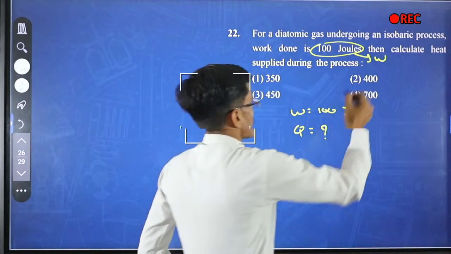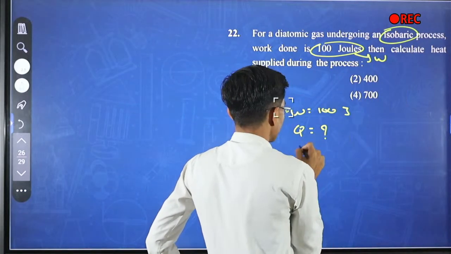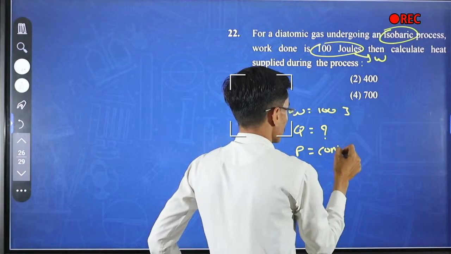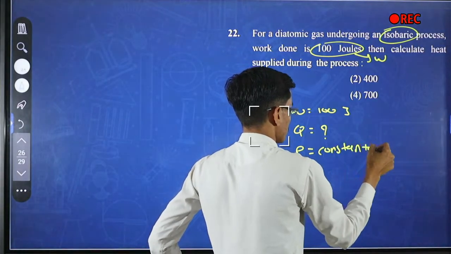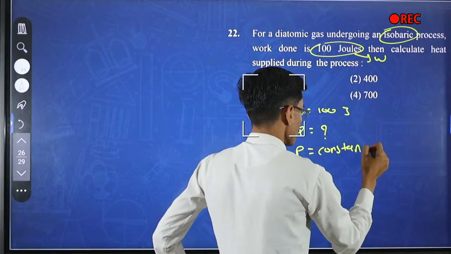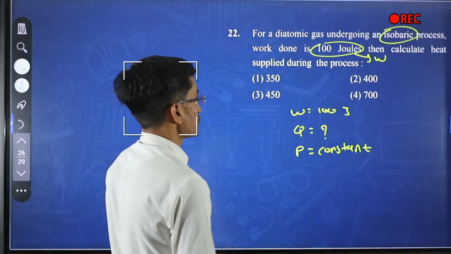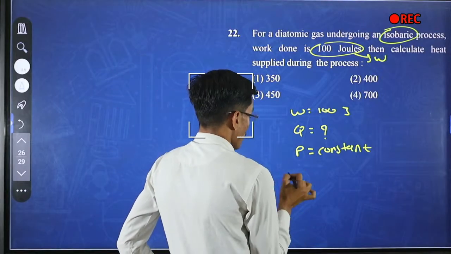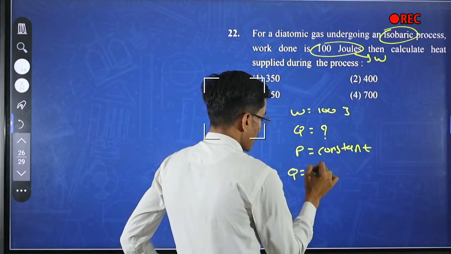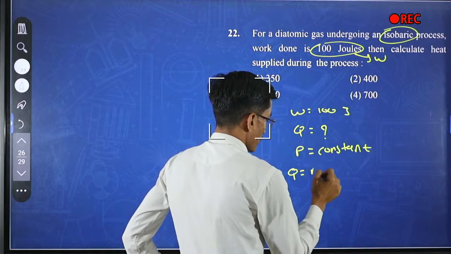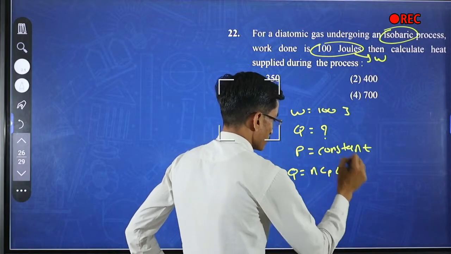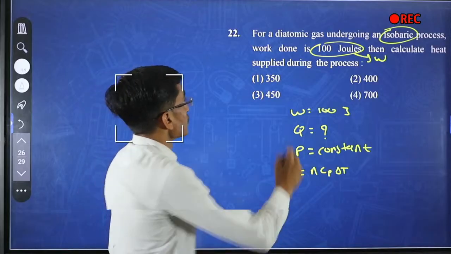Okay. And process is isobaric, means P remains constant. In isobaric process, we know that Q is written as nCp delta T. Okay. Gas is diatomic.